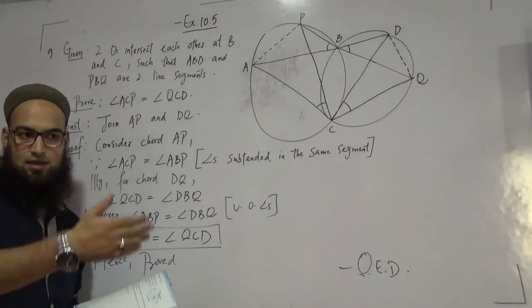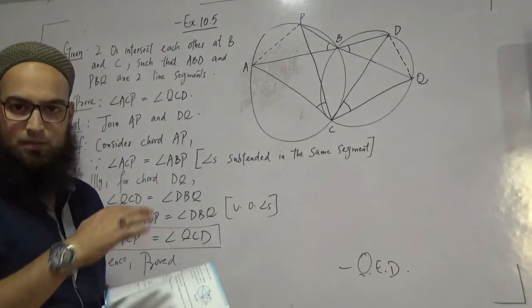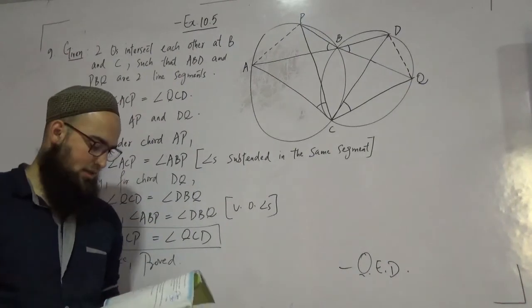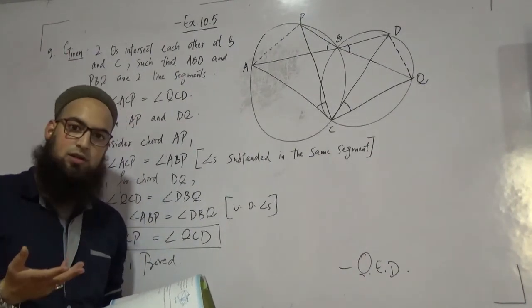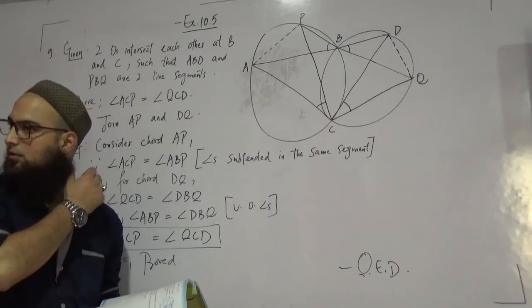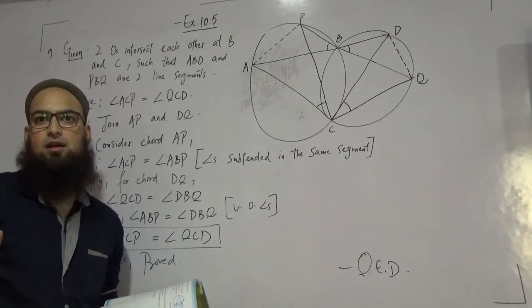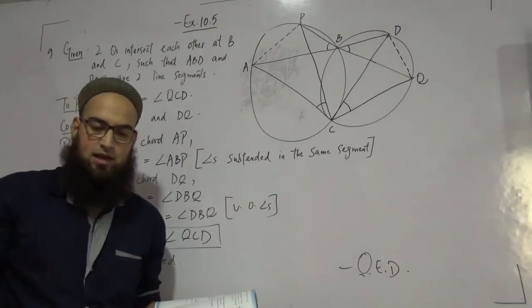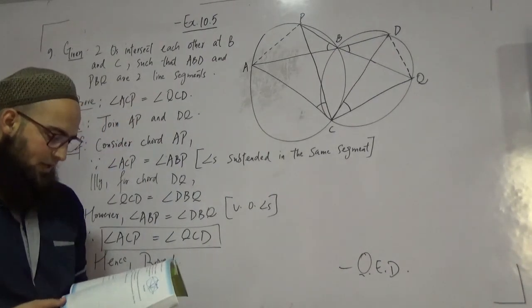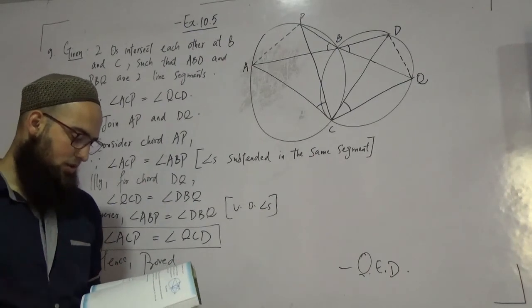Then ultimately you will find your assumption is wrong, because the angle subtended in a semicircle is 90 degrees. You'll get 90 plus 90, 180, which is a straight line, so your assumption is wrong, and hence it lies on the third side.